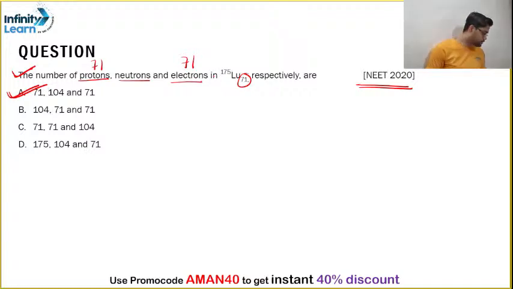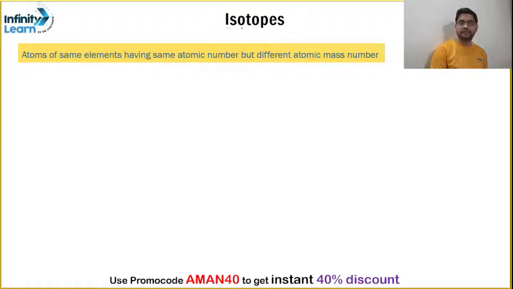Clear? Now, talking about the next thing, isotopes. What are isotopes? Elements having the same atomic number but different atomic mass number. For example, hydrogen, deuterium, tritium.